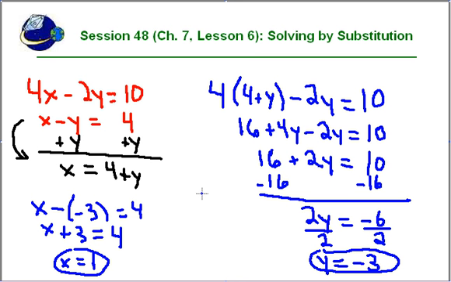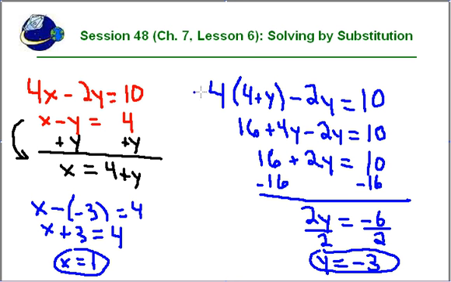In solving by substitution, as a quick reminder, we are simply rewriting one of the equations here in terms of either x or y, and what that means is that the x or the y will be all by itself on one side of the equation. Once we've done that, which is what we had down here at this step, x equals 4 plus y, we then take that value for x, 4 plus y being the same thing as x, and substitute it back into the other equation that was not rewritten.